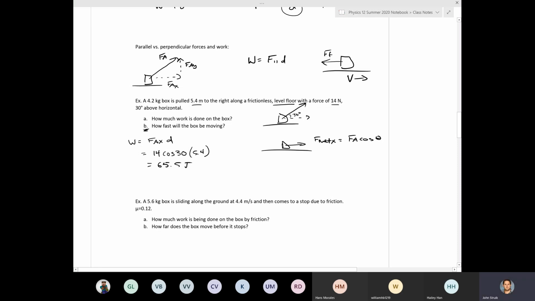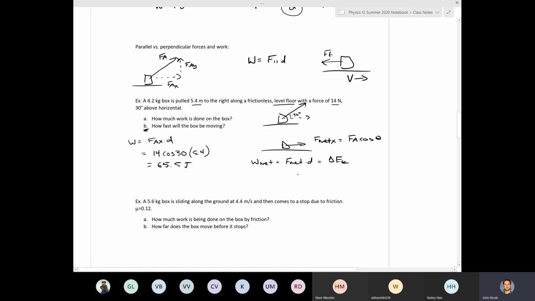Remember we have this W net, so the net work equals F net times D equals delta EK. It's not a very specific question, but we can assume it's starting at rest.